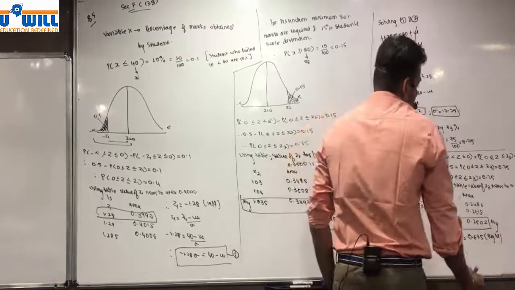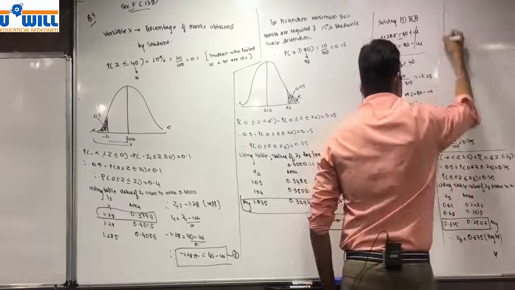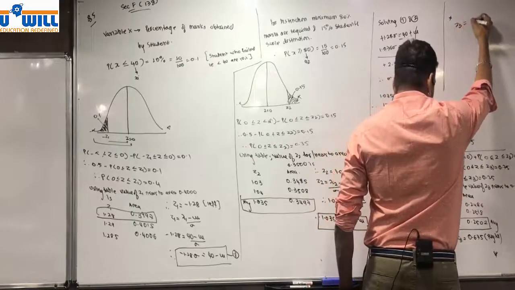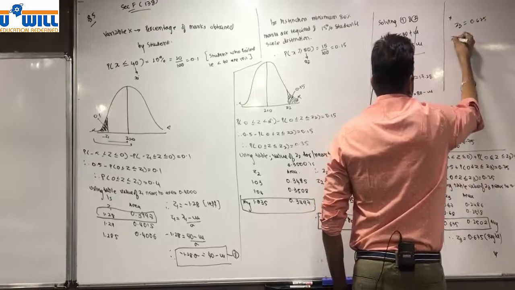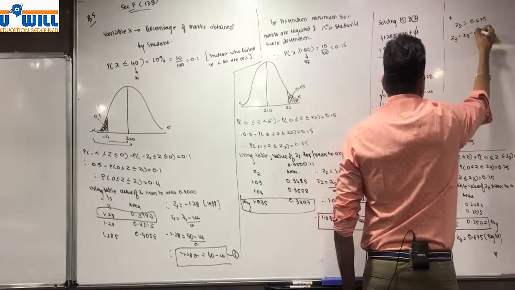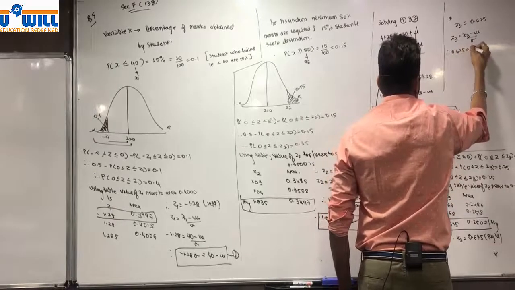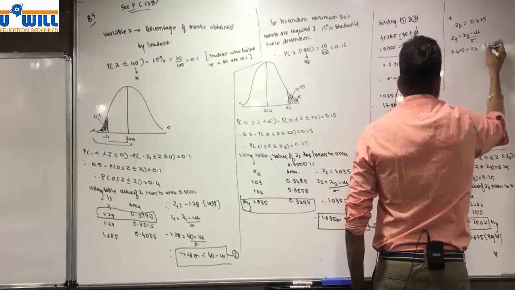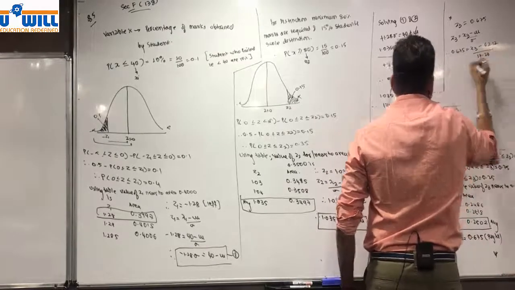Now what we have to find? I'll do it over here on the top. Z3 is equal to 0.675. Z3 is equal to x3 minus mu upon sigma. Therefore, 0.675 is equal to x3 minus mu, which is 62.12, upon sigma, which is 17.28.